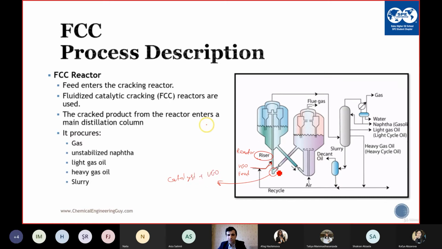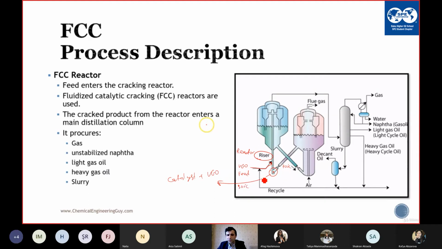Catalyst plus VGO meet. They meet at this point, and this catalyst has a temperature of 700 degrees Celsius, and the feed has a temperature of 300 degrees Celsius.